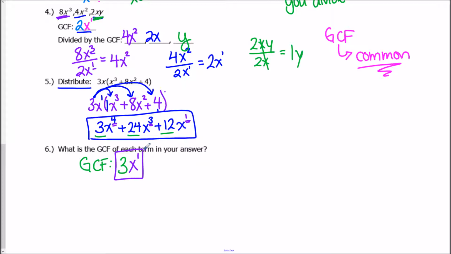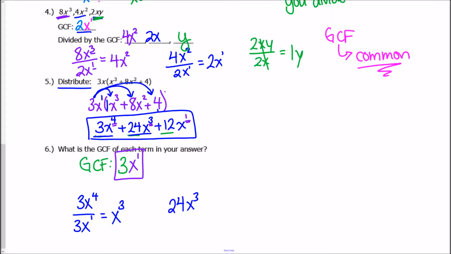Now, I want to divide every single term that we have here by 3x to the power of 1. So my first term was 3x to the power of 4. I'm going to divide that by 3x to the power of 1, and 3 divided by 3 is 1, and x to the power of 4 divided by x to the power of 1 is x to the power of 3. So 4 minus 1 gives me this 3 that I'm looking for here. Okay, the next term is 24x to the power of 3.